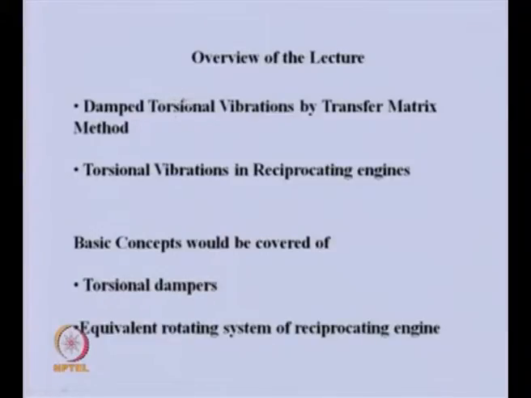Damped torsional vibration: we will develop the transfer matrix for that. We will also see torsional vibration in reciprocating engines. Some of the basic concepts which we will cover are the torsional damper and the equivalent rotating system of reciprocating engines. So, these are the things we will try to cover in the present lecture.